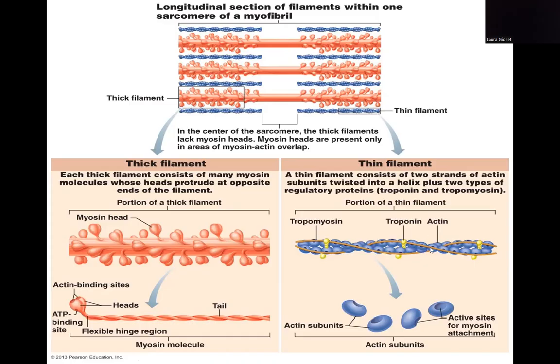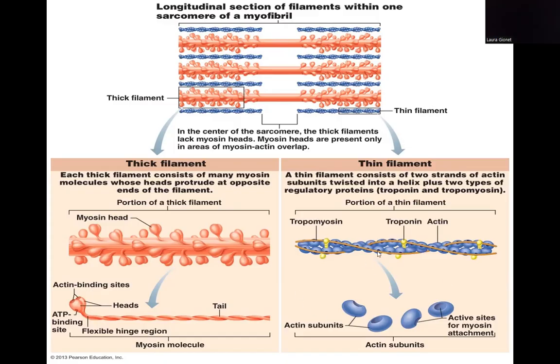On top of and overlapping the openings on these two strings of actin molecules is this troponin and tropomyosin complex. The tropomyosin is the rope part, and the troponin is the yellow beads. That is where calcium will bind on troponin, so that this molecule rolls and uncovers the binding sites so that myosin can attach there.